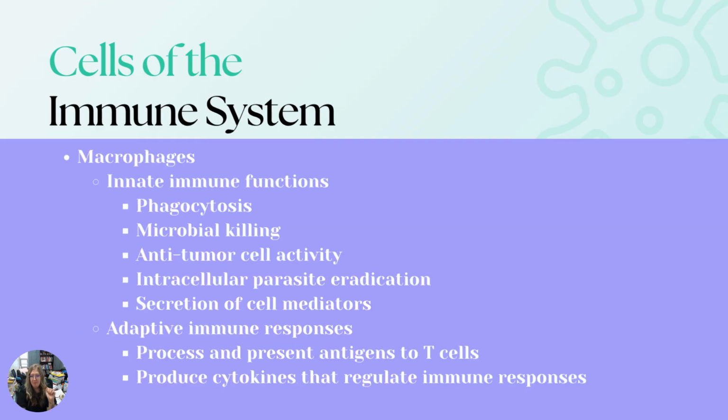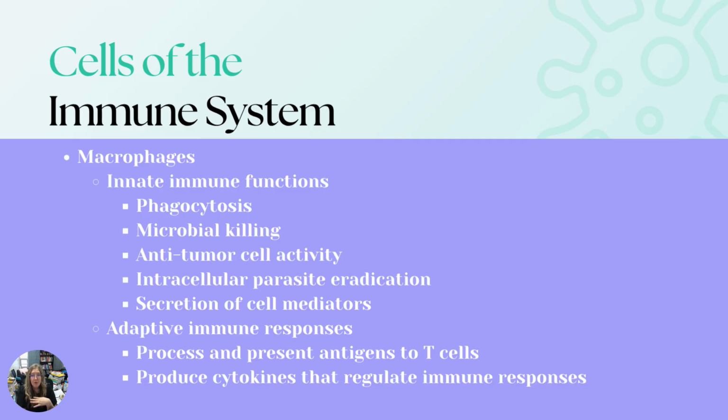So macrophages are a perfect example of why innate and adaptive immunity cannot be completely separated. On the innate side, macrophages phagocytize microorganisms. They kill microbes, they release mediators, and they participate in those inflammatory responses.